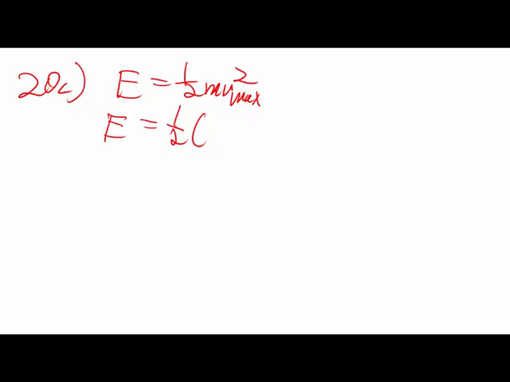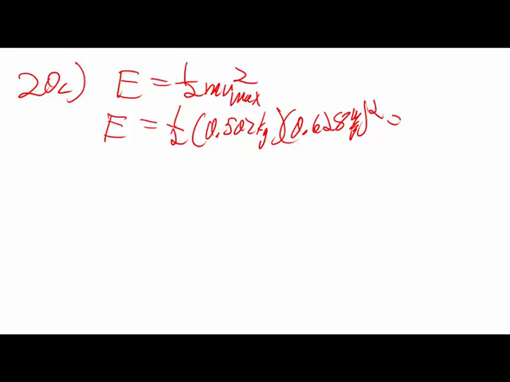So we've got 1/2 times 0.507 kilograms times 0.628 meters per second squared. And what do we get? Well, let's see. We get 0.628 squared times 0.5 times 0.507.